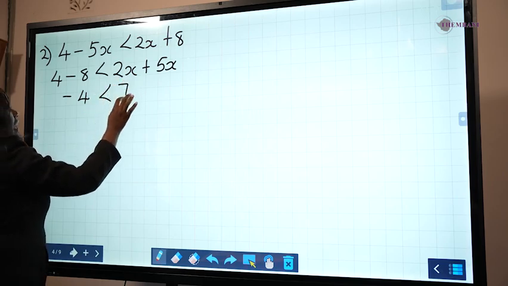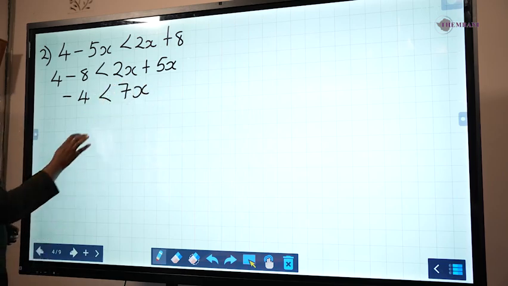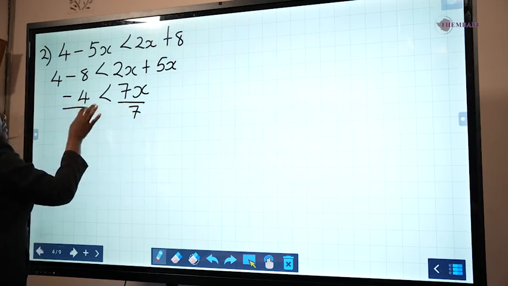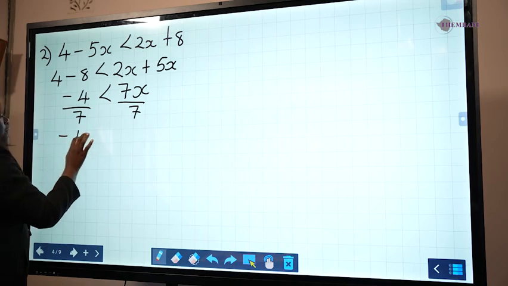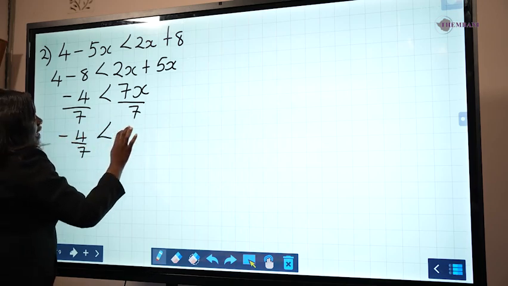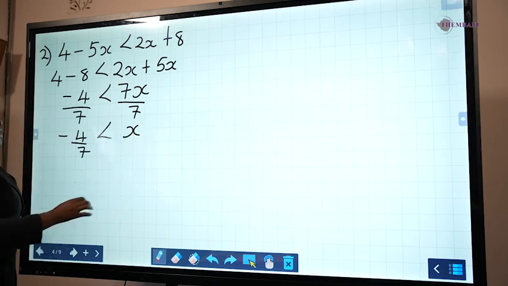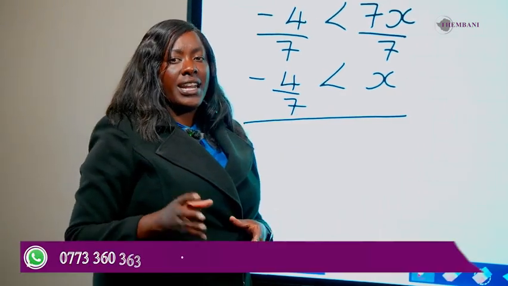I'm going to get a 7x. Then for me to find the value of x, I'm going to divide both sides by 7. So I'm going to get a negative 4 over 7 is less than x. This is the solution.